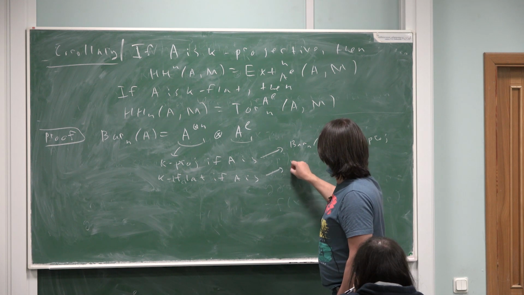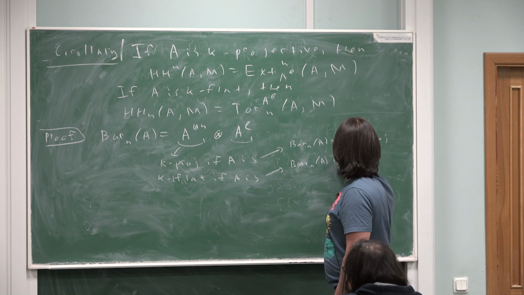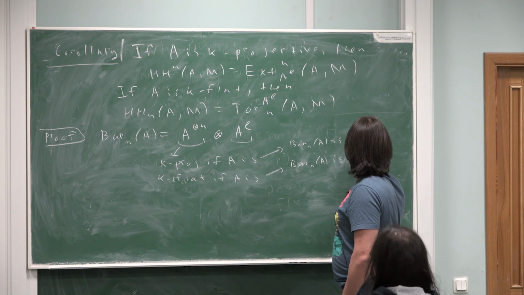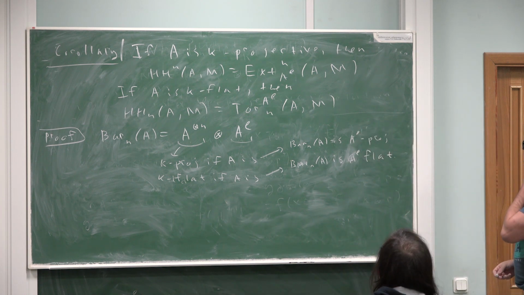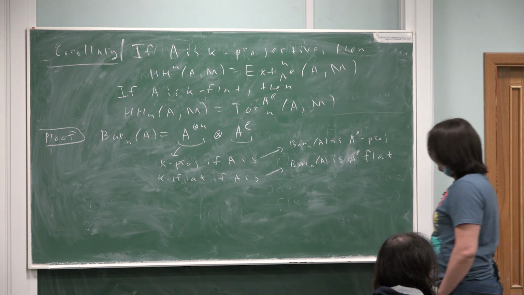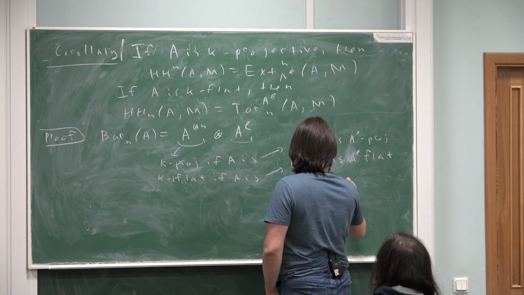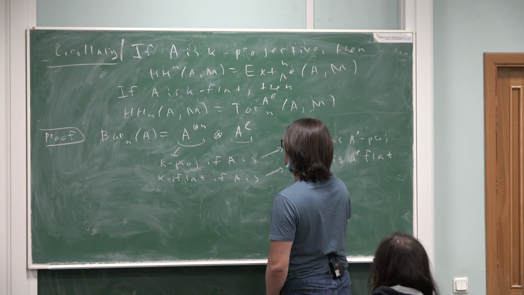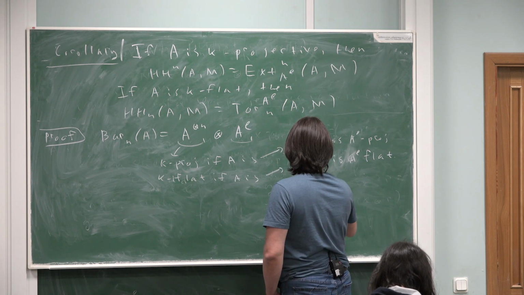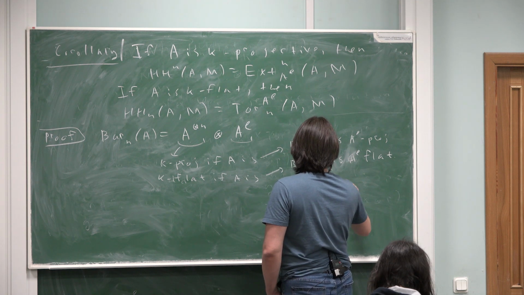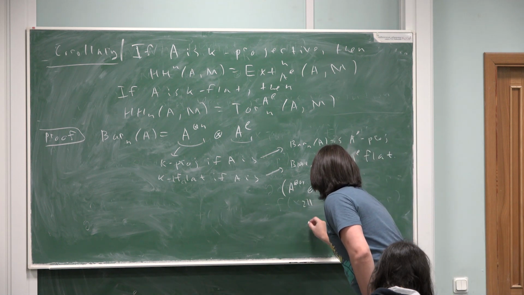And here, bar n of A is AE flat. And here, to show this, you simply note that this tensor product is A tensor n tensor AE tensor dash, yes, this functor is isomorphic to the composition of functors.